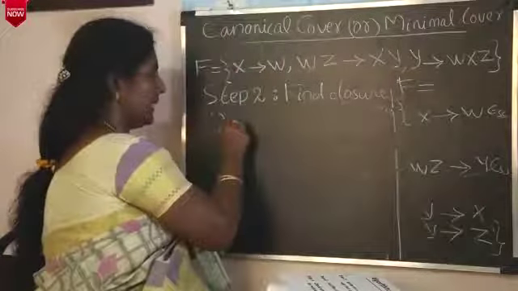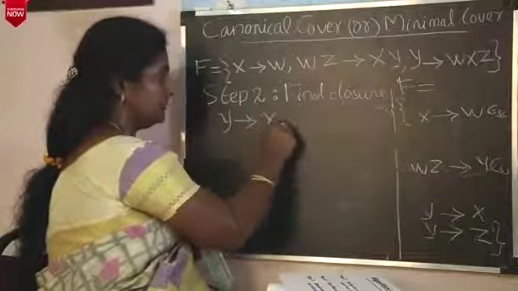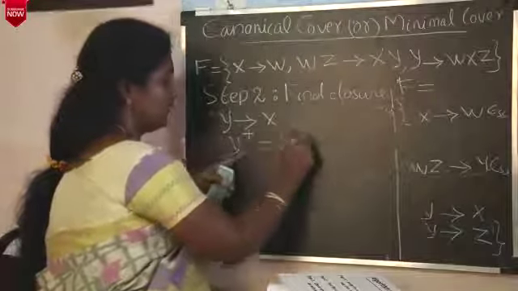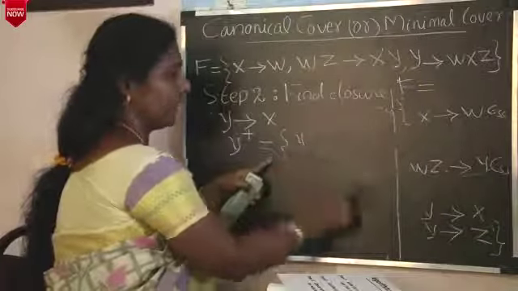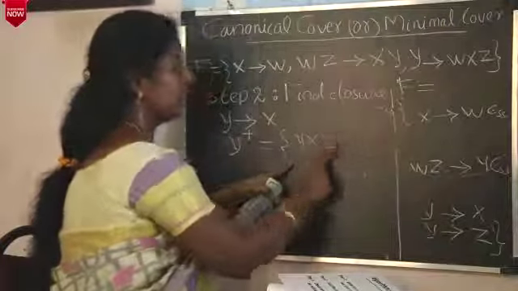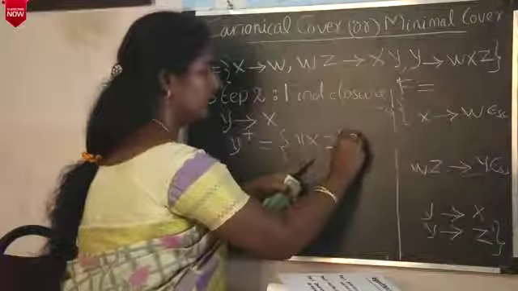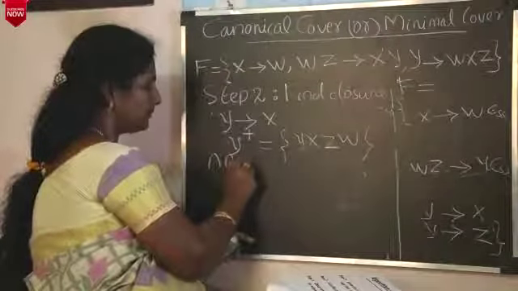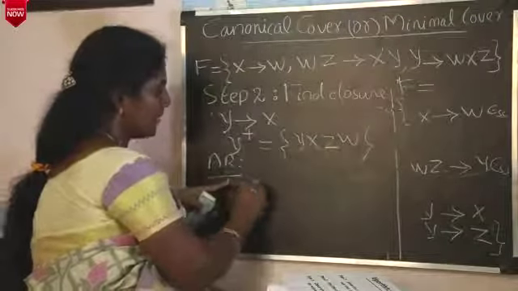So the next functional dependency is y determines x. Find the closure of this y. Y closure is y determines itself, y determines x, y determines z, x determines w. After removing it, what is the y closure?